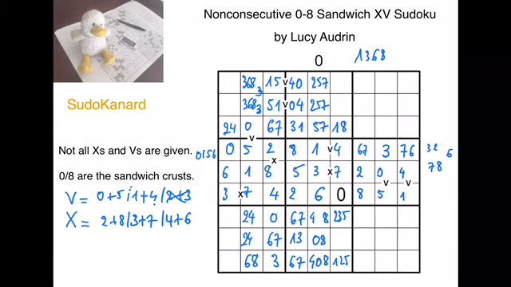3 and 5 would rule out this 4, making this a 0, this a 4. But there's nothing to force 2 out of this cell.